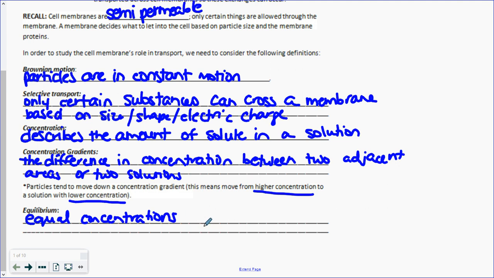And so again, that would be like when there is an even distribution of molecules throughout a cell.